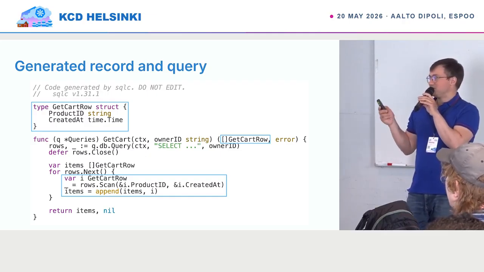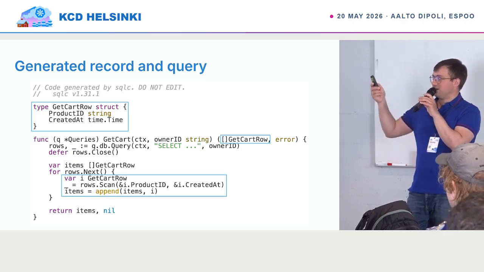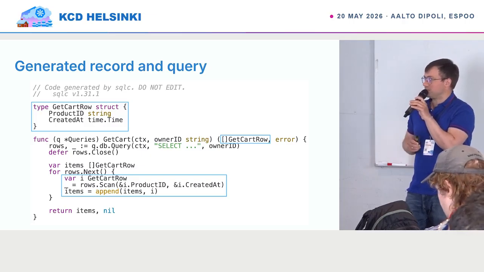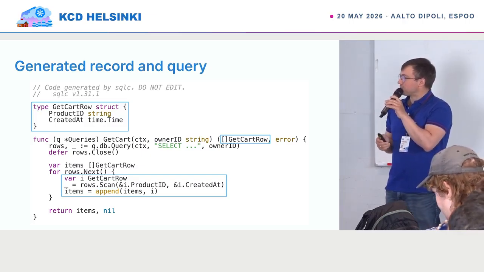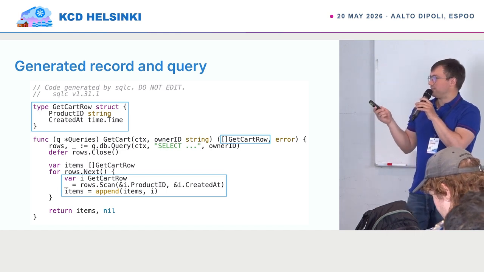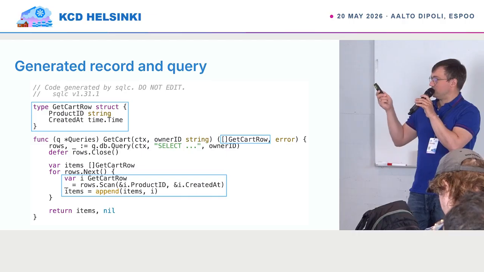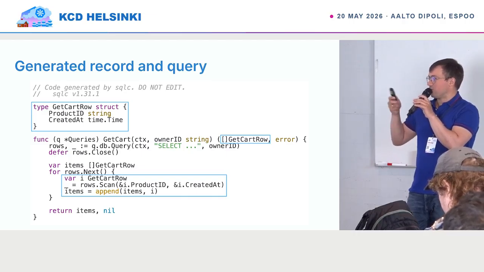But in the case of sqlc, it generates the struct as an output of the query, and it's able to resolve the proper types. In our case, it's string and time. And this is the method getCart. It uses that struct as the output, and overall it's quite simple logic.